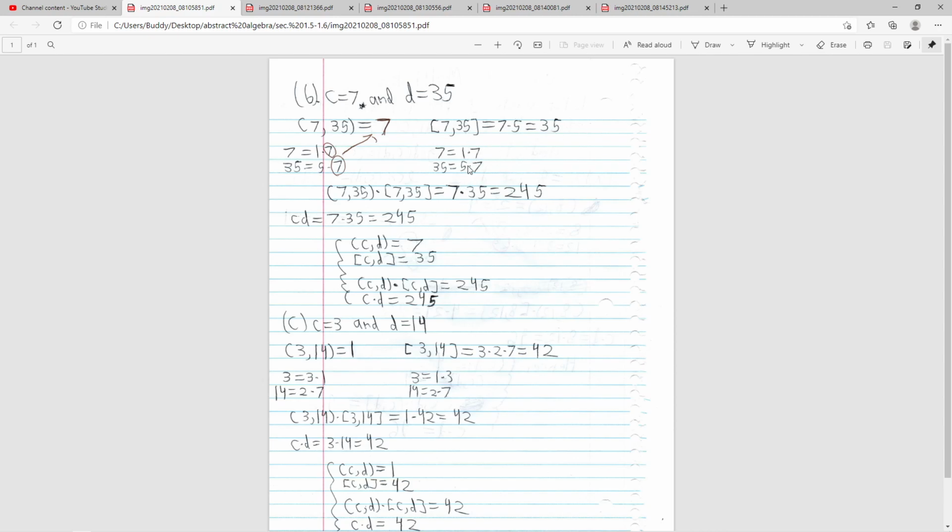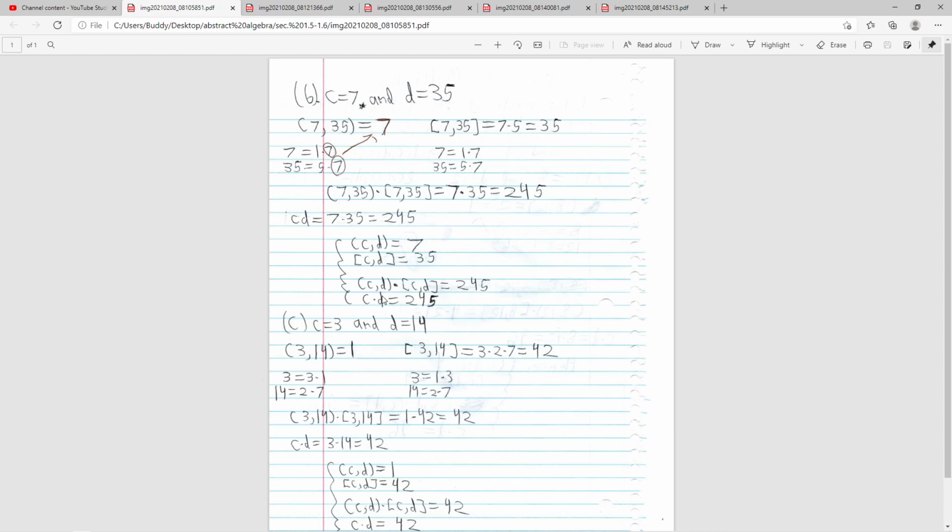So it's 7 times 5 equals 35. Then the GCD times the LCM of the same two numbers equals 7 times 35, which equals 245. And C times D is 7 times 35, which equals 245.